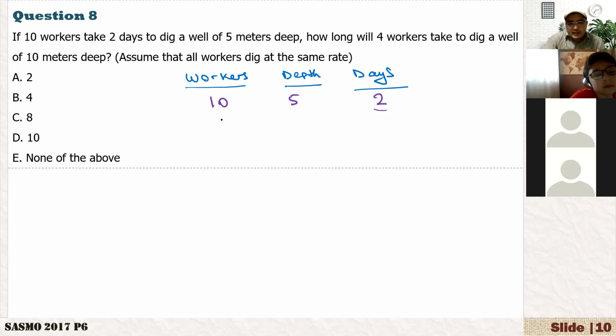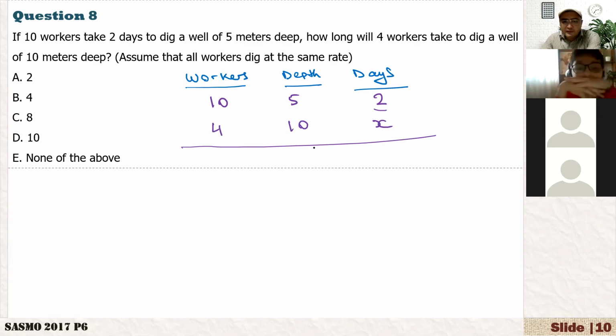So now it says that 10 workers take 2 days to dig a well of 5 meters. The question is, how long will 4 workers take to dig a well of 10 meters? How long? X days. Look at the first row. Now we have 10 workers.